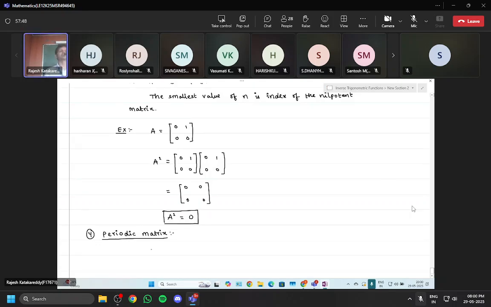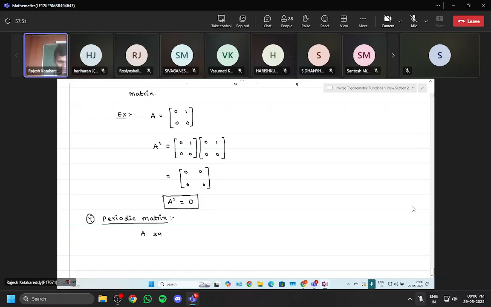Similar to a periodic function, this is a periodic matrix. We know every matrix A power 1 is A only, but we cannot say that matrix is periodic.